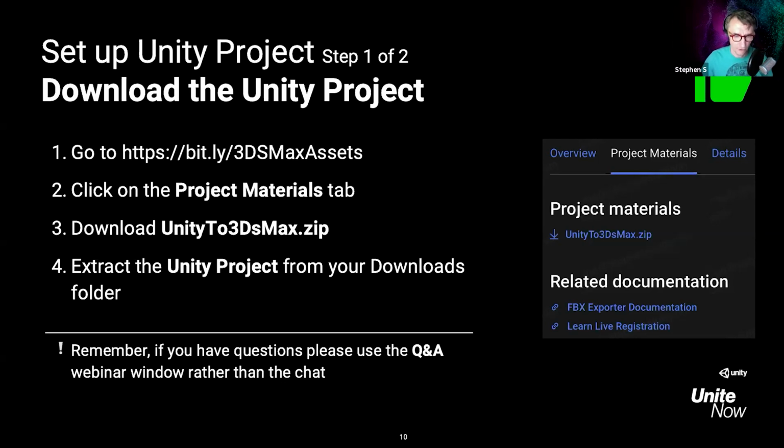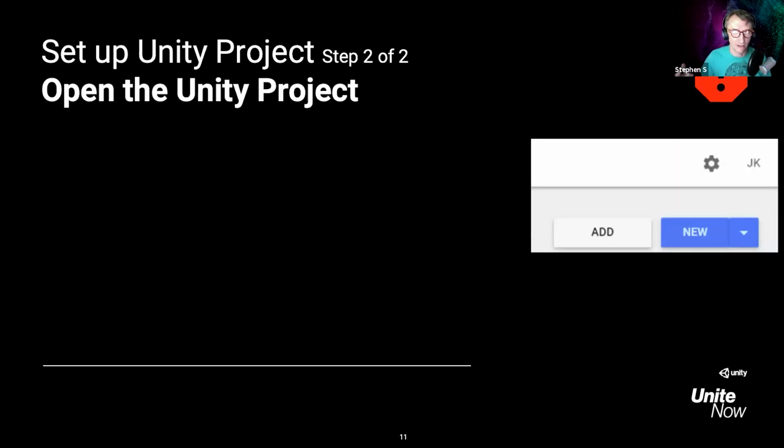The zip file will download to your downloads folder, but then you need to extract it somewhere else. And I have a little tip: you can right-click on the zip file and drag it to the desktop, and you'll be given an option to extract, which is a neat little thing.